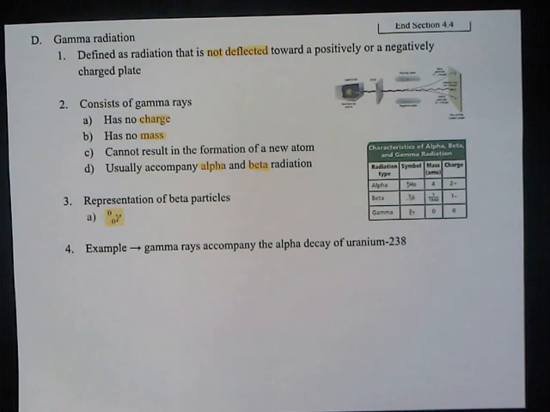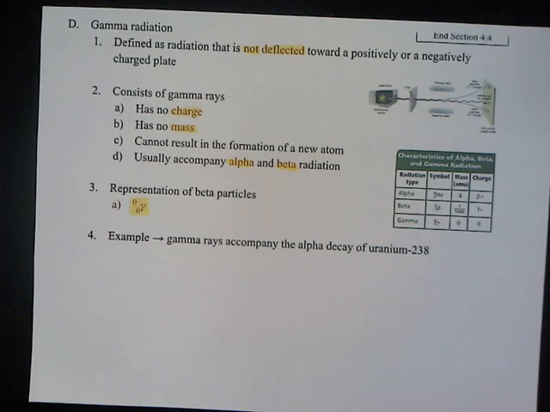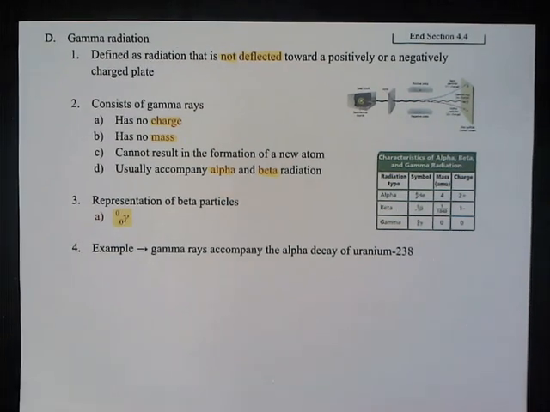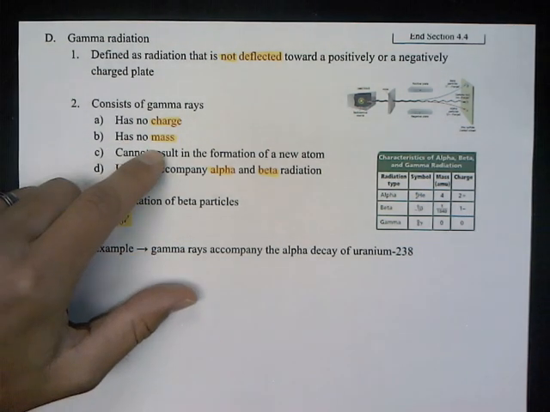This type of radiation, you probably heard of it before. It's what makes the Hulk the Hulk. We have gamma radiation. Gamma radiation is not deflected towards a positive or negative charge. That means it has no charge, or is neutral, and has no mass.